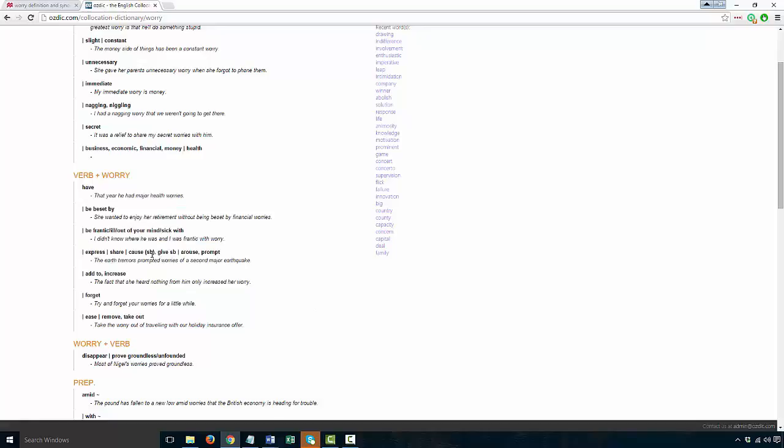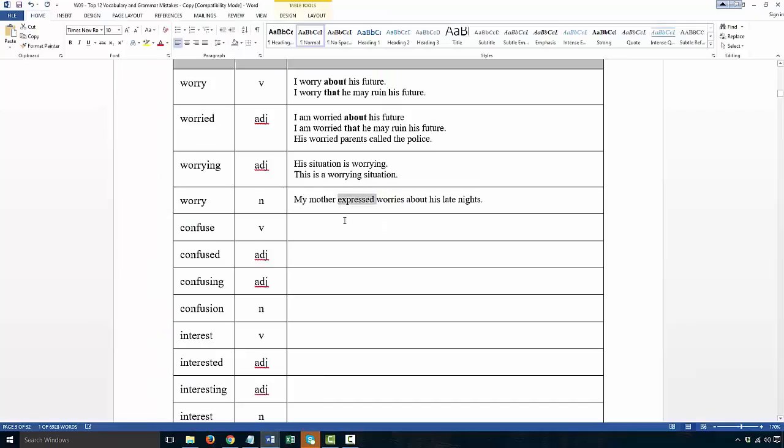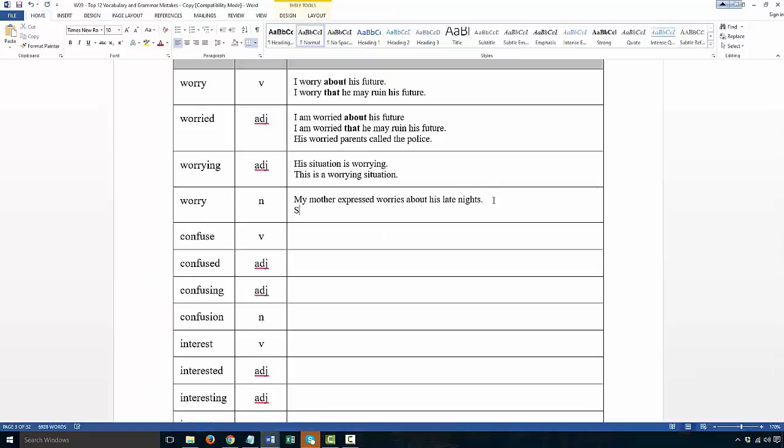Cause somebody to worry, add to someone's worries, eased his worries. So let's use be beset by: she was, be is was in the past simple tense, beset by worries. So this is another way to use it, a bit more complicated.